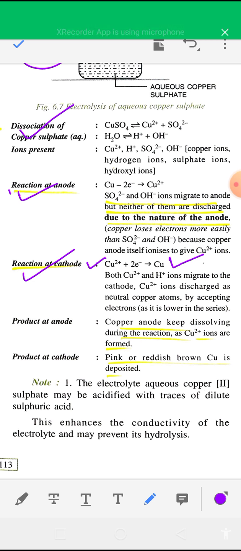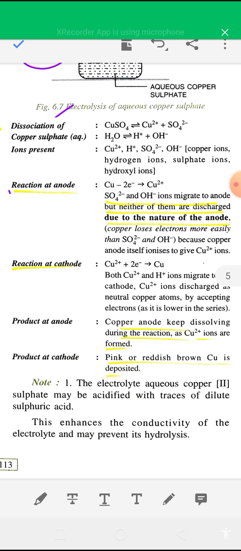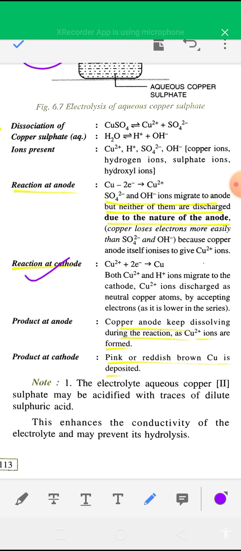And at the anode, copper from the anode loses 2 electrons and is converted into Cu2+ ion and comes into the solution. Okay, so the anode reaction is different. If you use both cathode and anode as copper electrodes, then the anode reaction will be different.